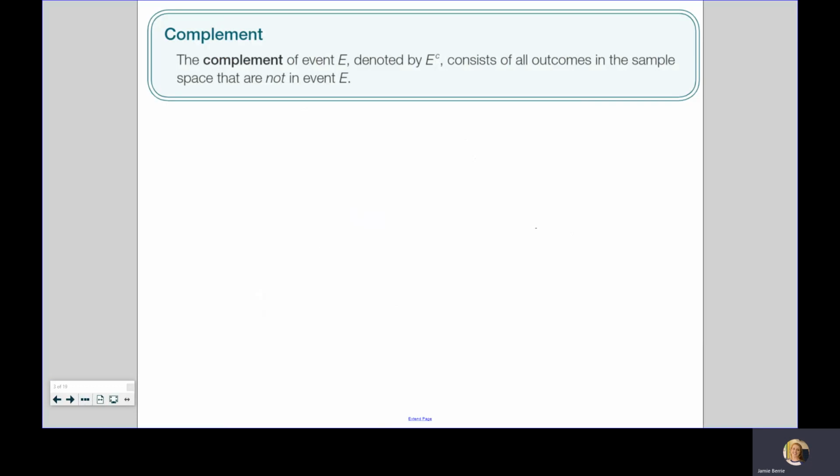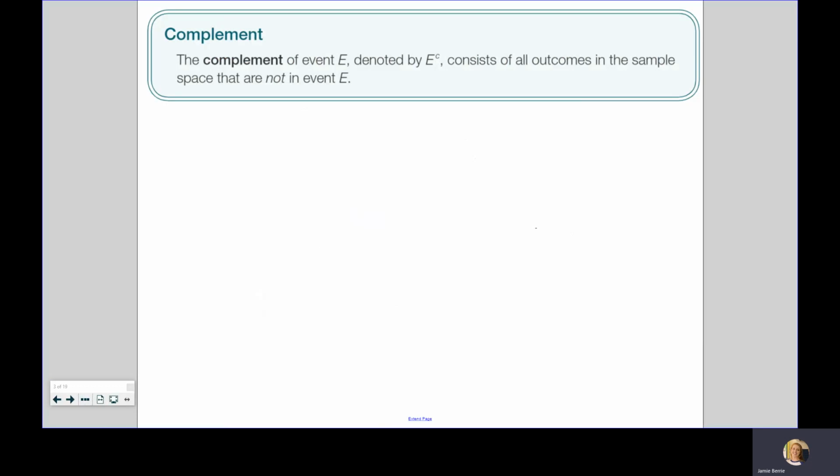All right, so the most important topic that I wanted to talk about in this section is called the complement. It's an idea called the complement of an event, which helps us to find outcomes in sample spaces that are sort of like the opposite of a certain event.